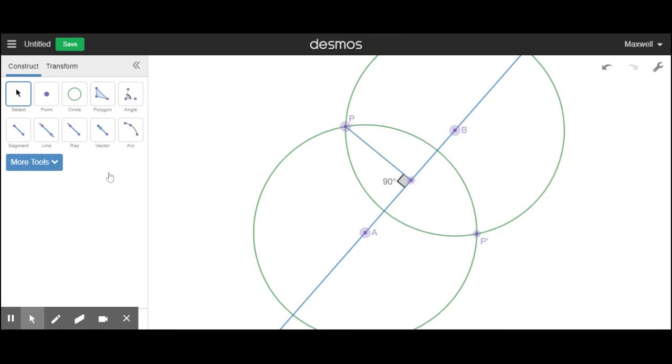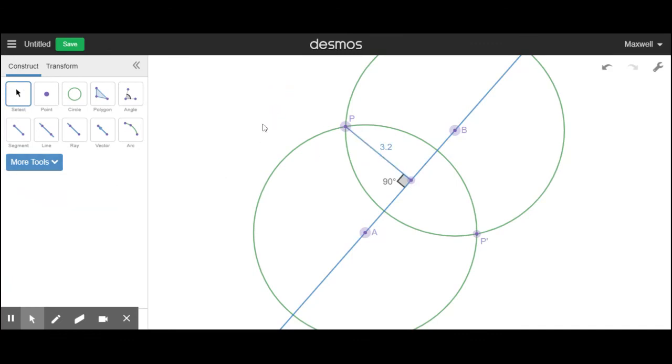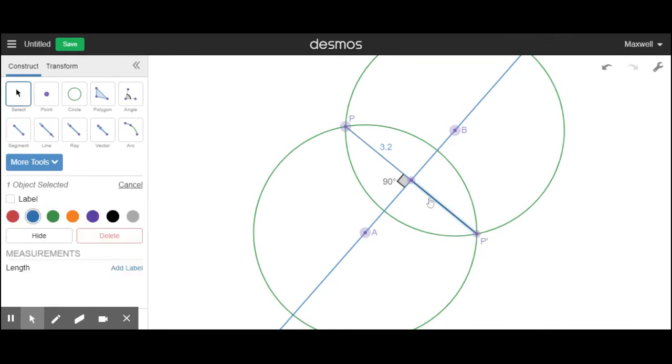So we know that line right there is 3.2 units. And then if we draw another segment connecting the middle to point P prime, we can check to see how long this is, and that is also 3.2.